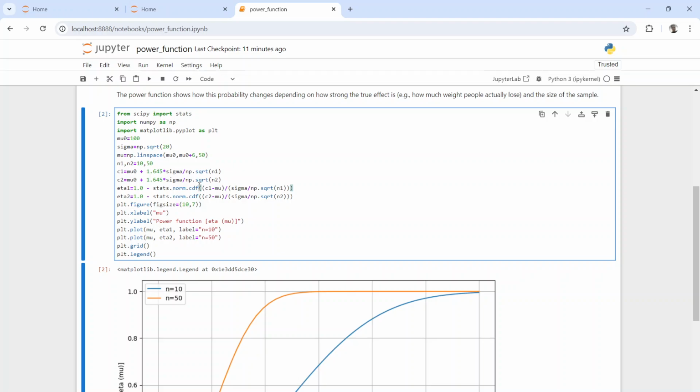The next is the power function calculation. So here we are using the cumulative distribution function of the normal distribution.